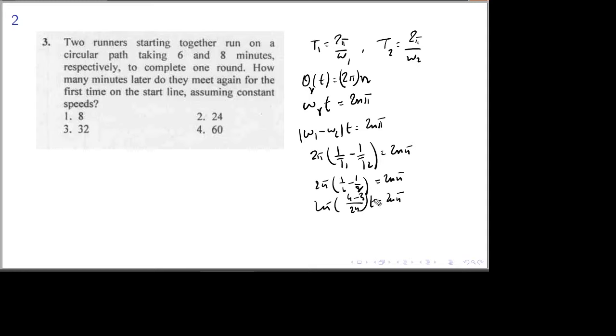Of course there is a t part missing here, so t by 24 equals n. You can take n equal to 1 and t equal to 24, the lowest value. So after 24 minutes they will meet. Anyway, it's quite simple. Let's go to the next one.